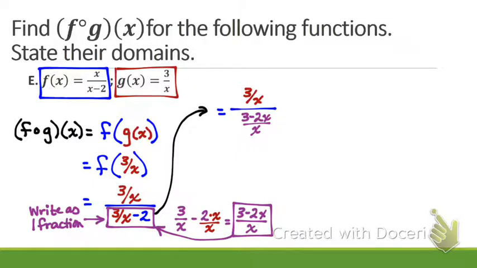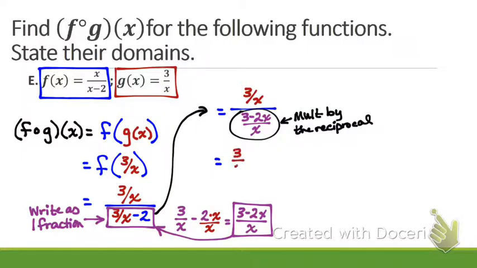Division. What do I do if I'm dividing by a fraction? Yes. We're going to multiply by the reciprocal. So instead of writing it as a fraction on top of a fraction, my numerator stays 3 over x. My denominator flips over.